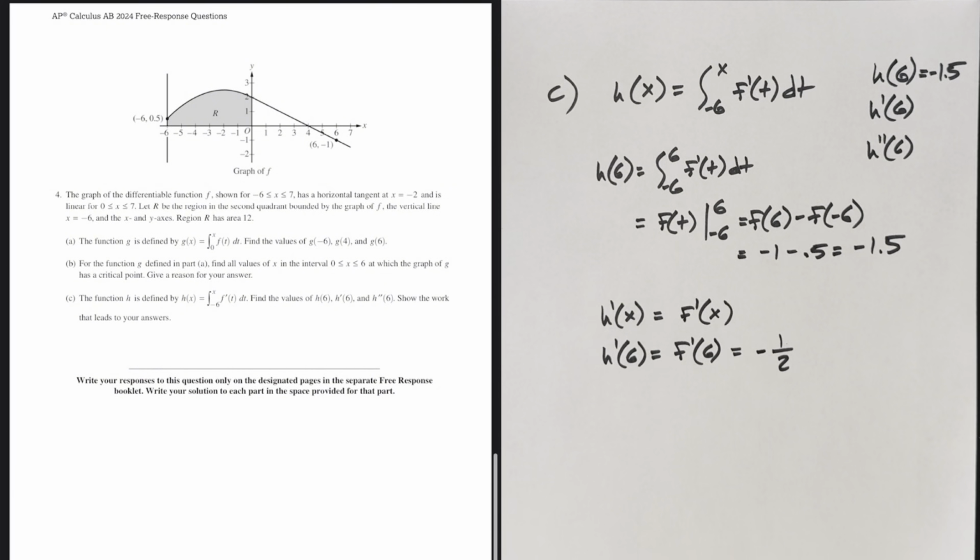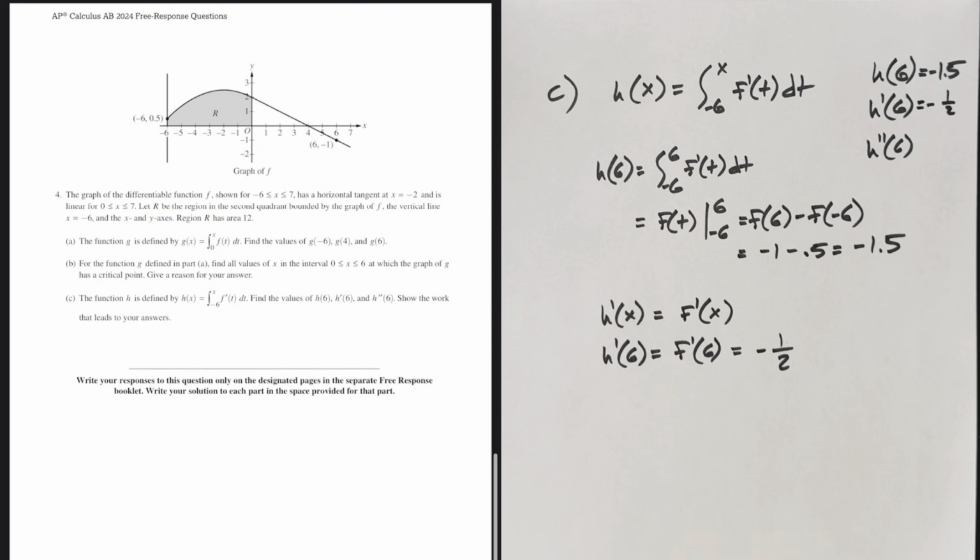And I just found this -1/2 by looking at the slope of that line, right? Because we know it is a linear line, so our slope or our derivative is constant from 0 to 6, and it is equal to -1/2. You could write it as a decimal if you didn't want to do a fraction, and it's the same answer.